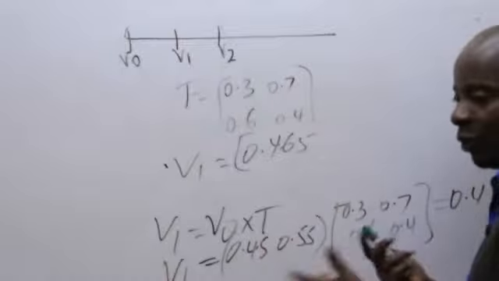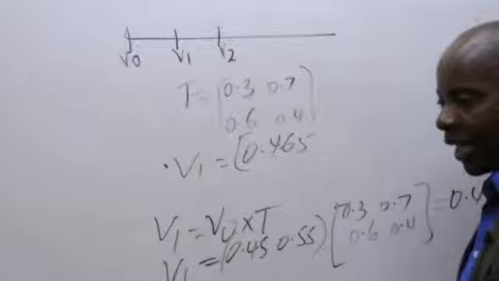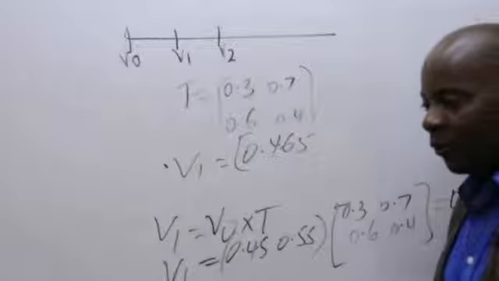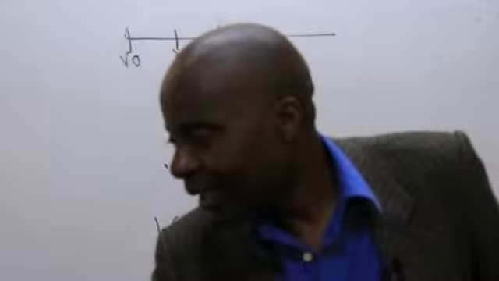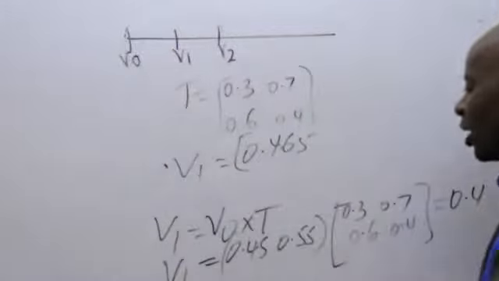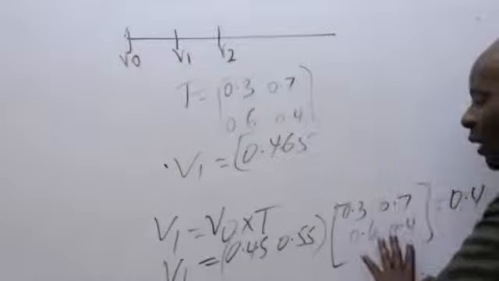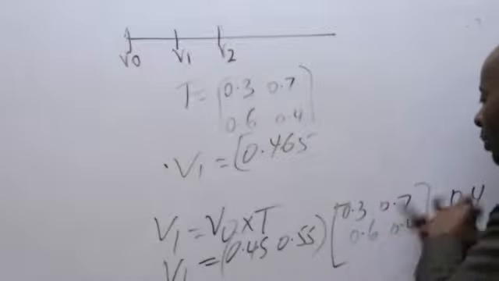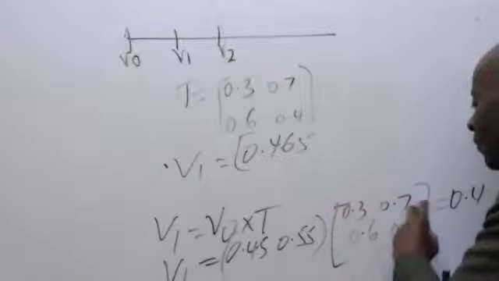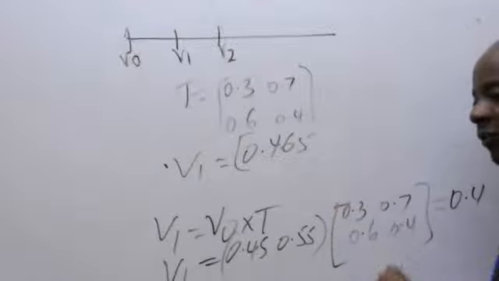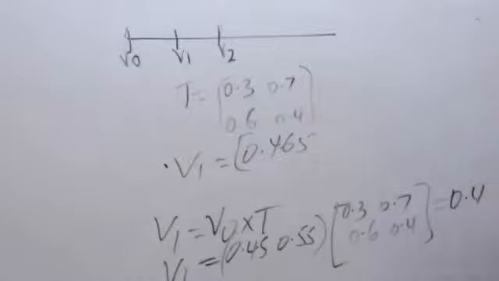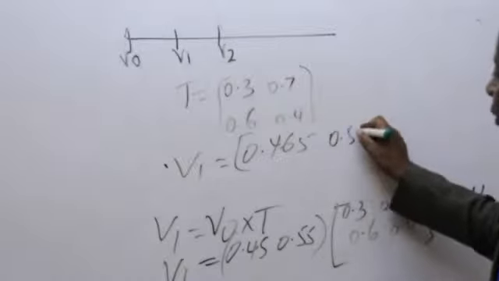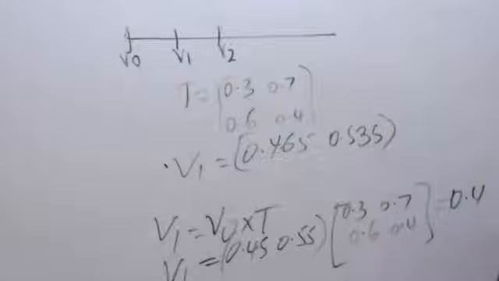I hope they're able to follow. How do I do it? 0.45 times 0.7 plus 0.55 times 0.4. Please give me a figure. Aha, we have Denzel giving me 0.535, like that. So that is vector 1.